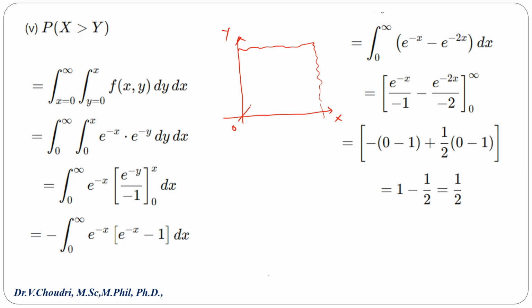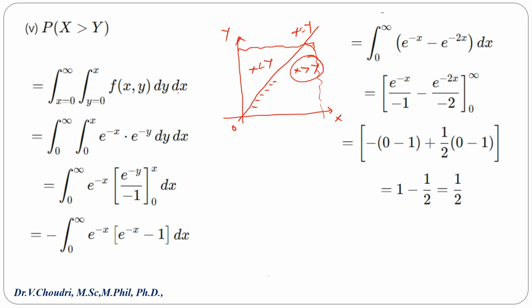See, the straight line splits the first quadrant into two equal parts. Okay, this is x equal to y. Now, what is x greater than y? This is the portion x greater than y, and x less than y means this portion. Now the required one is x greater than y, so this is the shaded area.